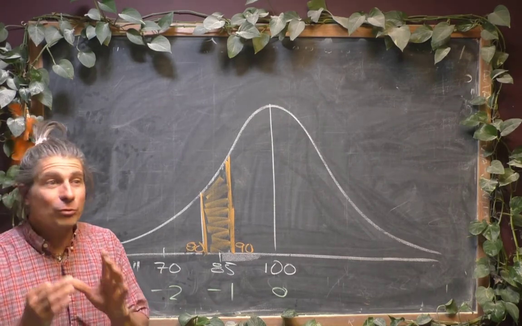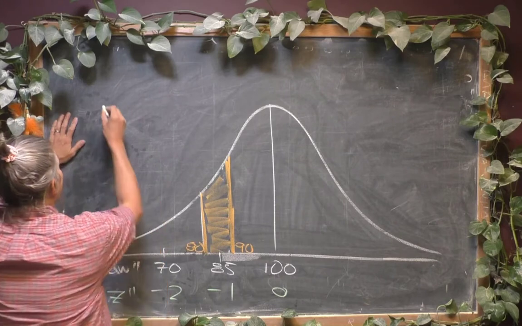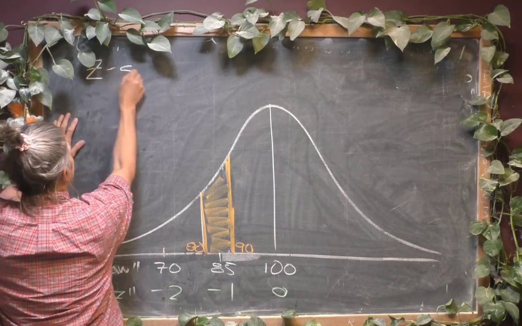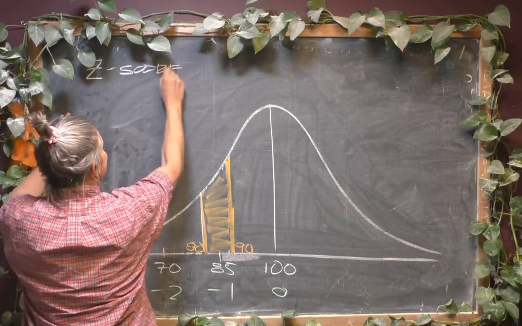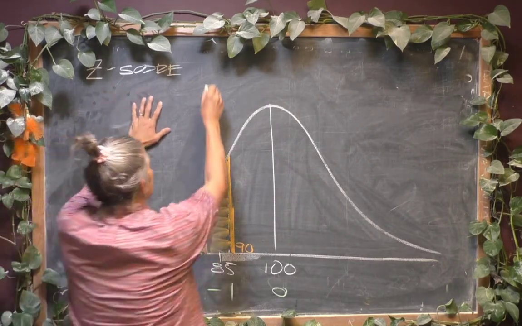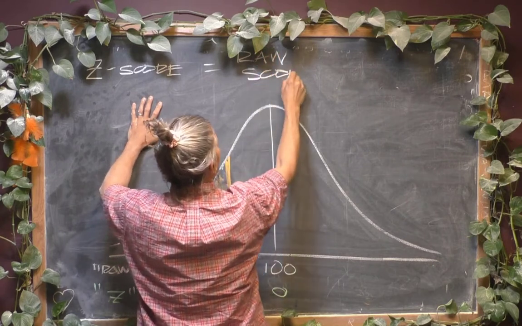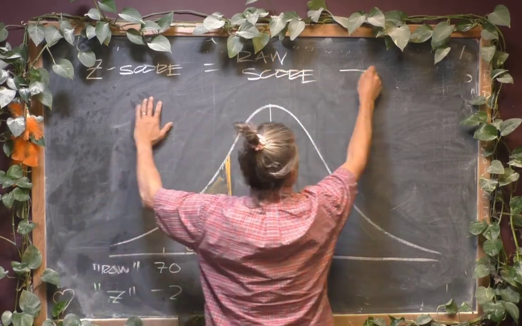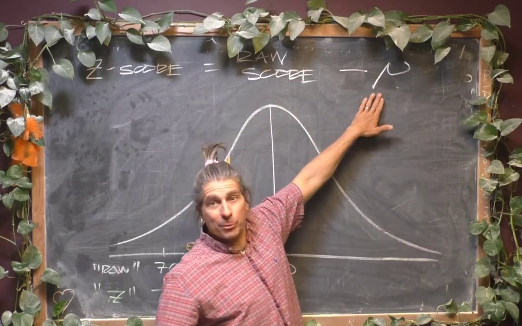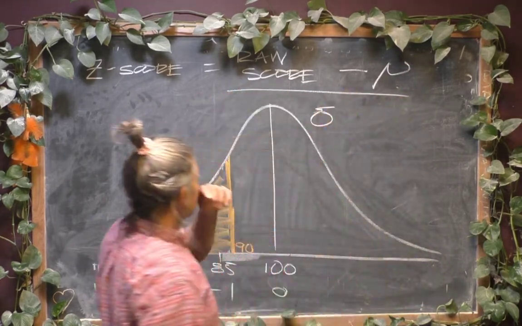Conveniently, there is a really neat way of encapsulating that. To find a z-score, we've already done this informally for the past couple videos. To find a z-score, just take the raw score, subtract off the average of the distribution, which in this case is 100, and then divide the whole thing by the standard deviation.